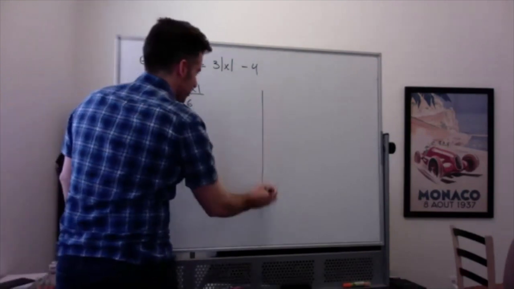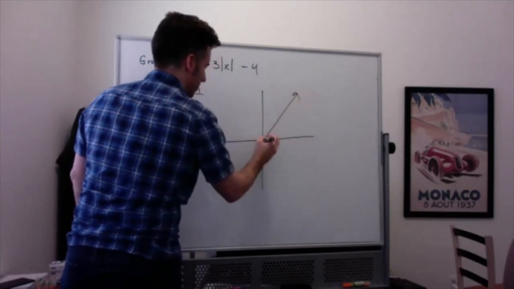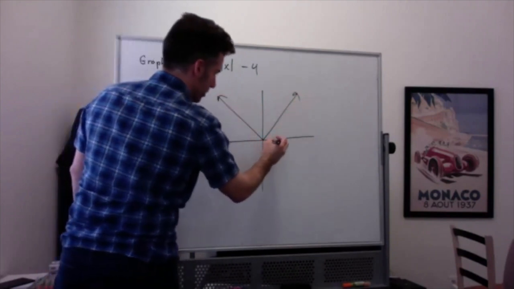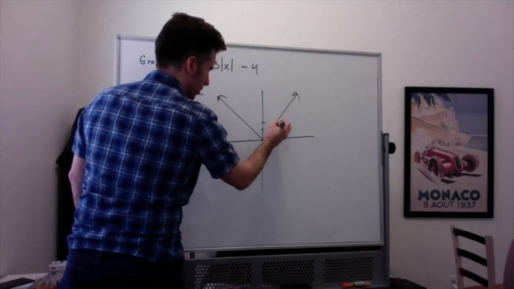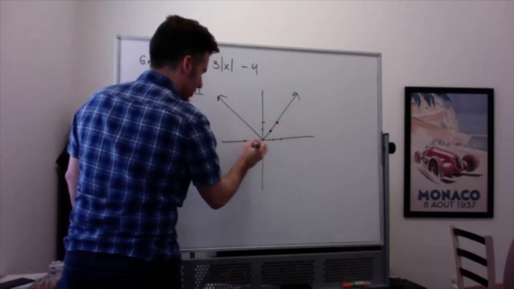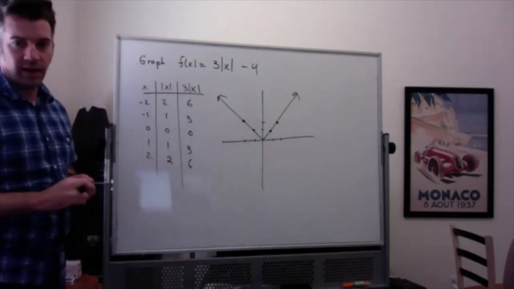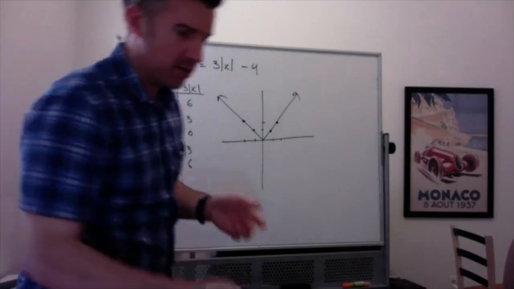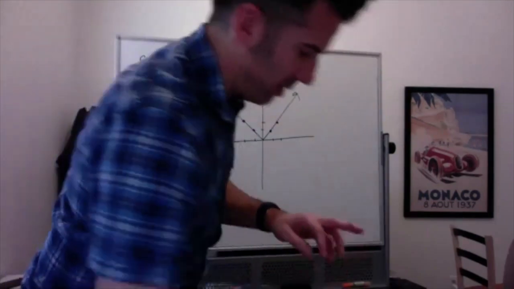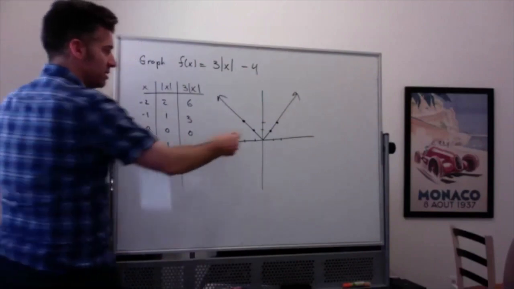So I'm taking this absolute value graph that has the points (1, 1), (2, 2), (-1, 1), and (-2, 2). Each of these is going to get 3 times larger.